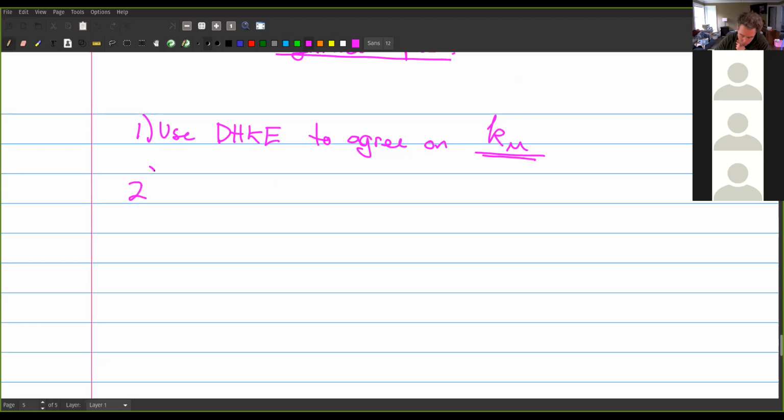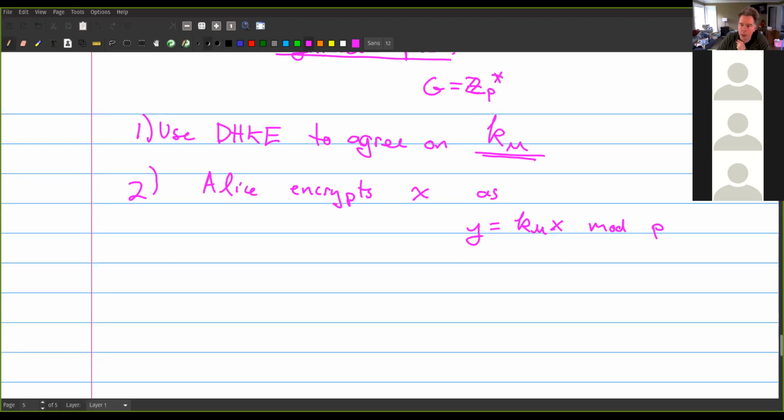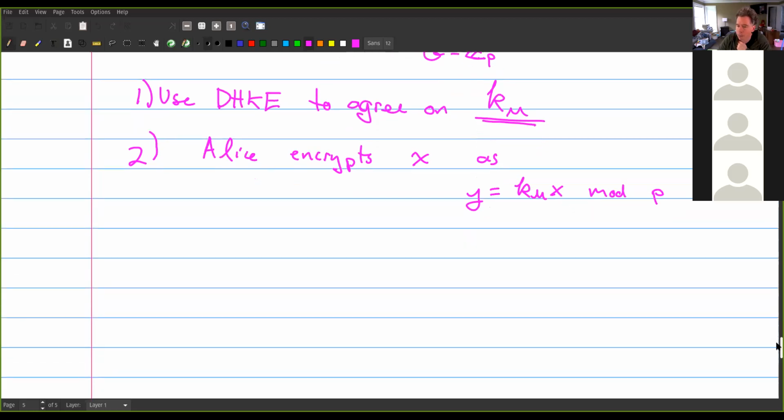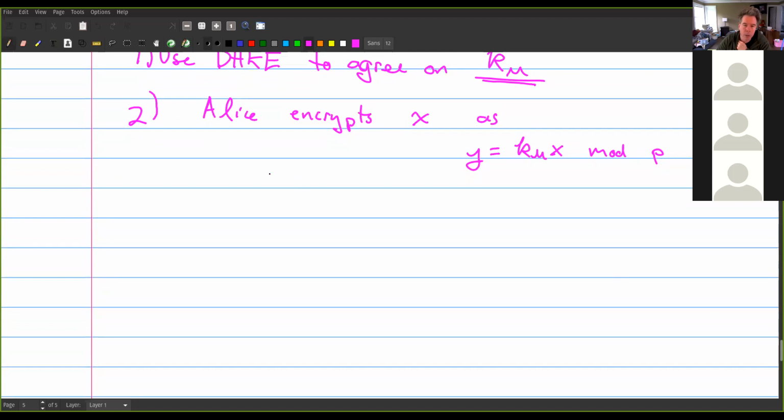And the second thing is, if Alice wants to send an encrypted message to Bob, Alice encrypts X as Y equals KM times X mod P. This is over ZP star for a big prime P. And then she transmits Y.